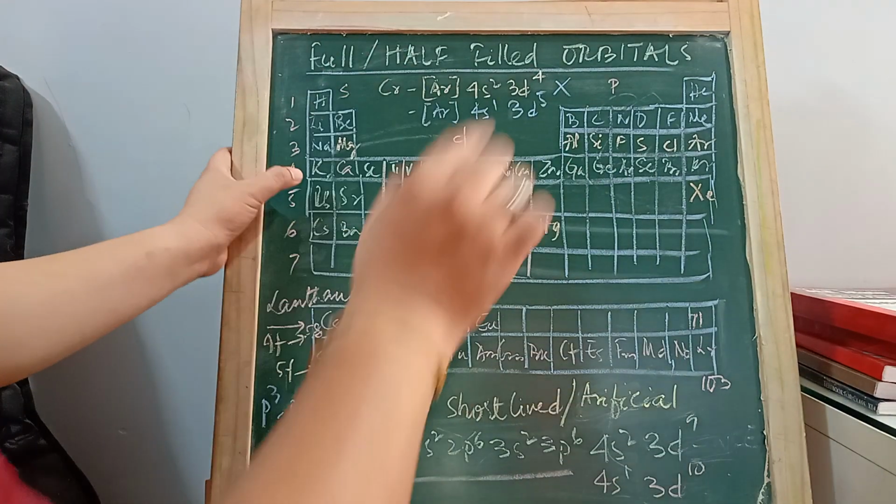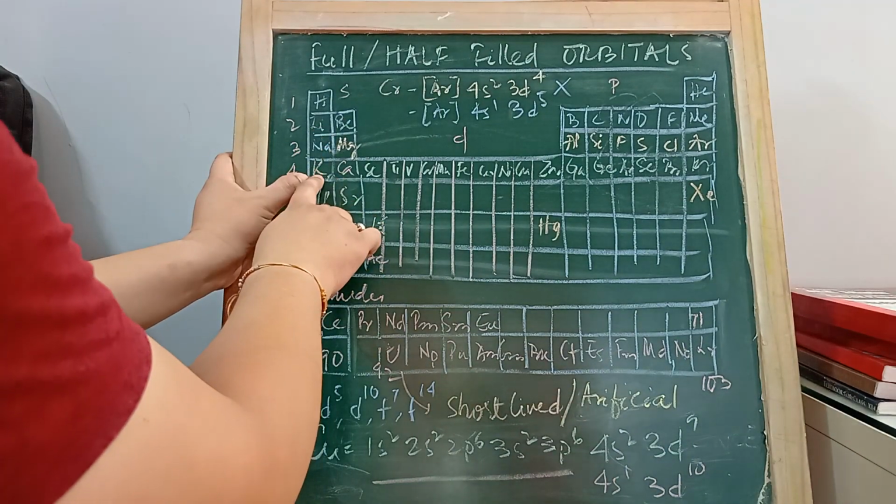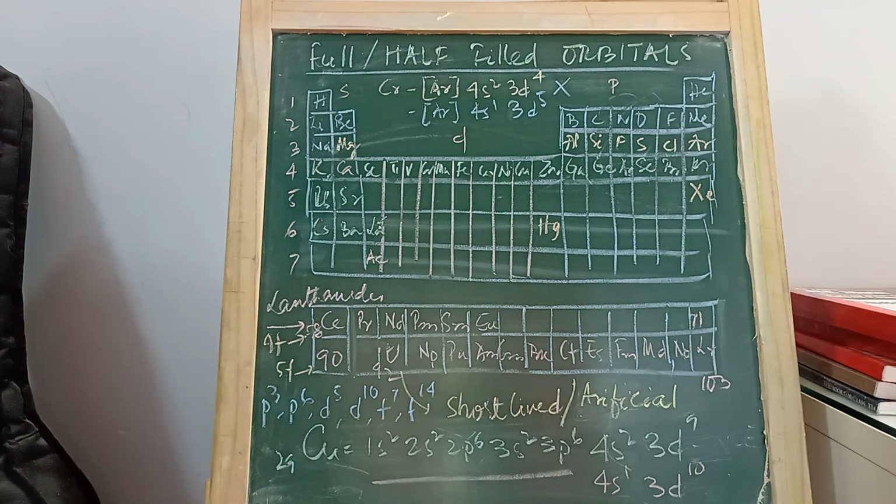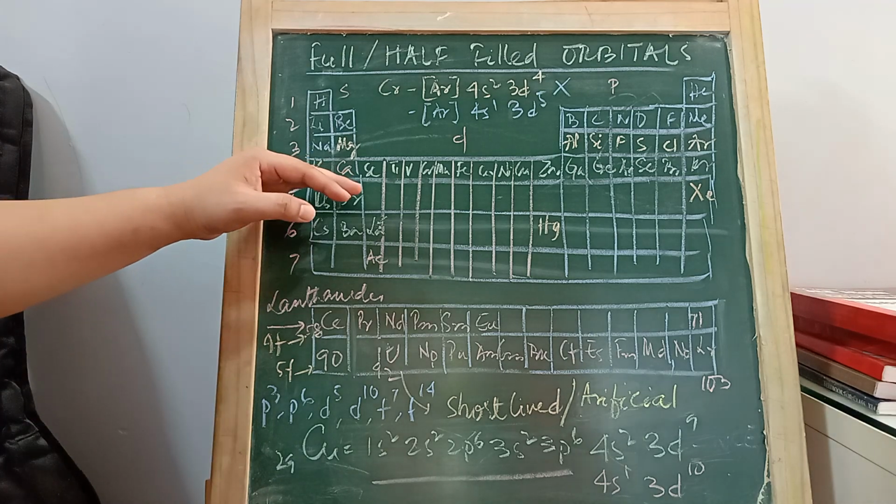Now the 4s subshell will fill up. 4s1 for potassium, and for calcium 4s2, right? So up to calcium it's okay.